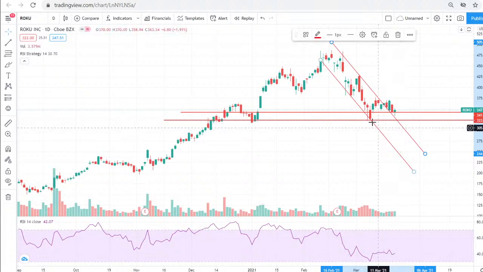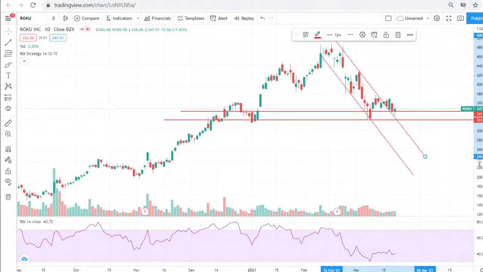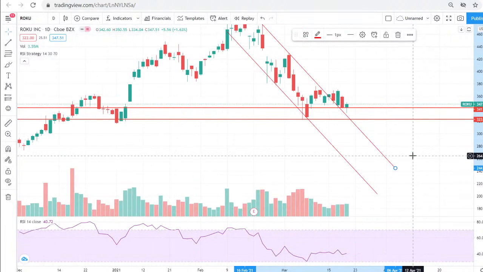So it was in a channel and it gave a breakout. Just focus on these last 3 or 4 candles. This green candle was on the higher end of this channel, and then the next day it gave a breakout. I will zoom in so you can look at it clearly. I'm talking about this candle.